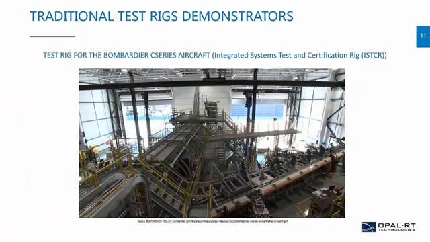So typically, those demonstrators to reach TRL6 involve test rigs such as the image that you see here in the slide. So this is an example of the test rig that was used for the C-series aircraft at Bombardier premises.